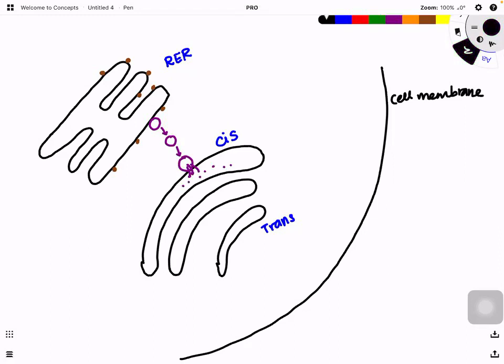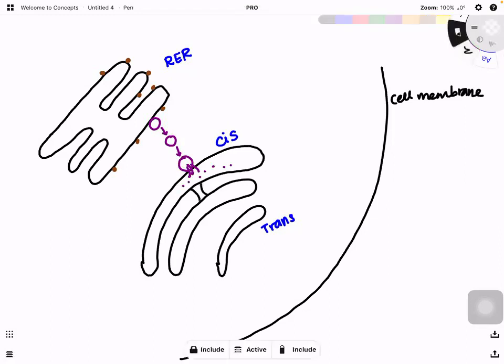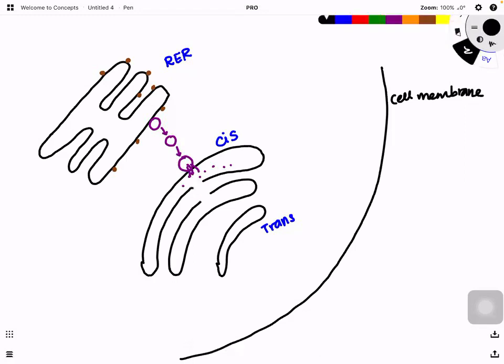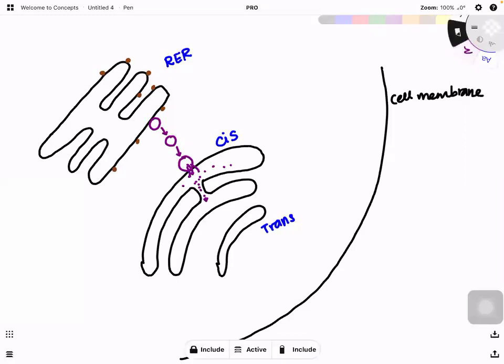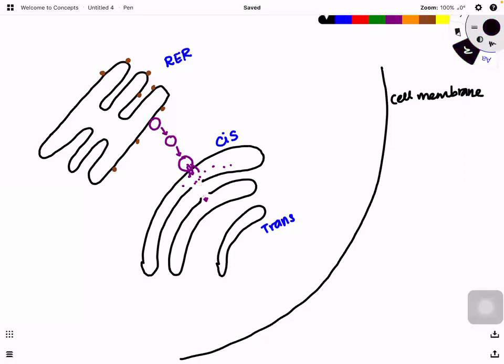Sometimes you may see them connect. It's not all the time they connect. Why do they connect? They connect so that this item or chemical or molecule can move from one cisterna to another cisterna, and then they disconnect. So they are not interconnected permanently, unlike the ER, which is interconnected permanently.